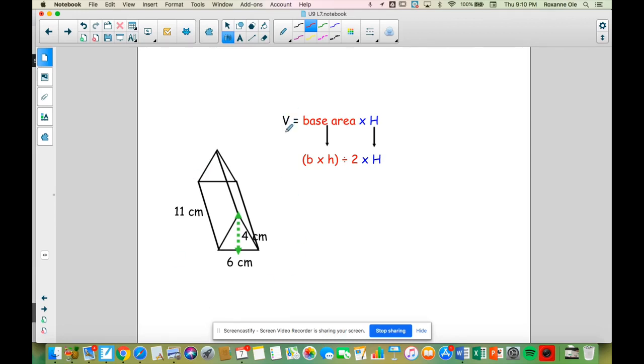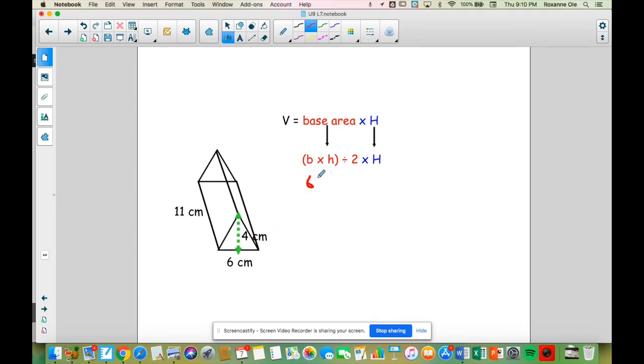So again, the formula is the volume is the base area times the height of the prism. So I put it in 2 different colors because the first thing we have to do is find the base area. And so I would expect you to write this out. So the base area is the area of a triangle in this case. So what's the base of this triangle? 6.